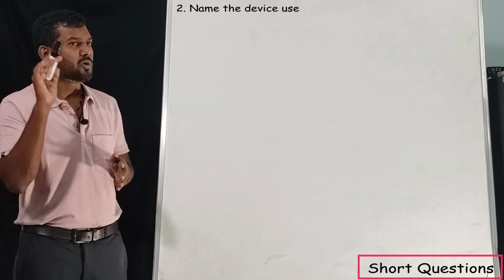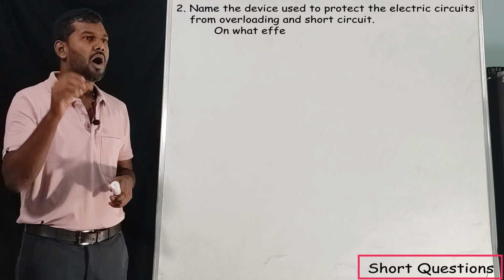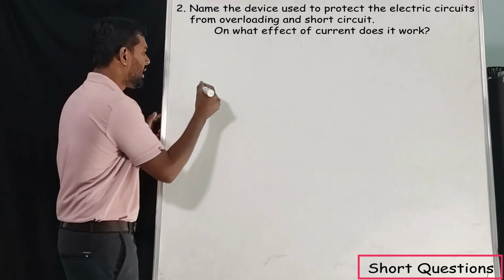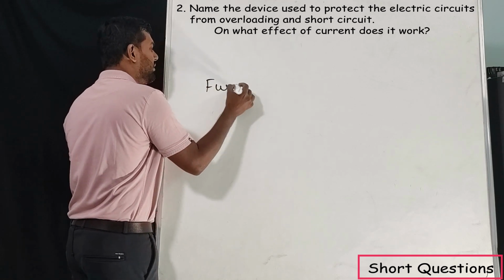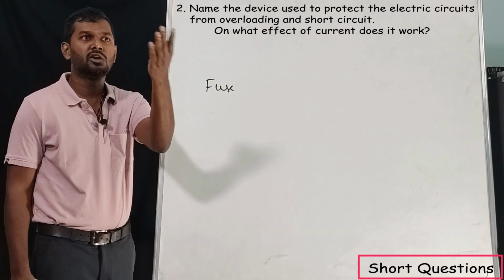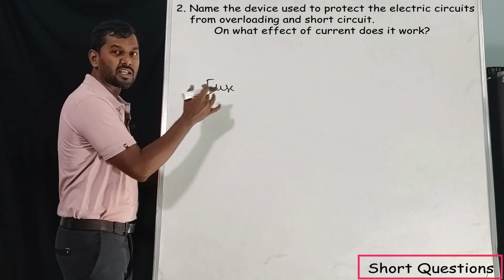Name the device used to protect the electric circuit from overloading and short circuit. On what effect of current does it work? Very simple question. This is the device which we use to protect the electric circuit from short circuit and overloading. Based on what effect is it working?